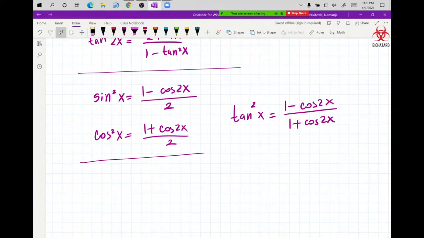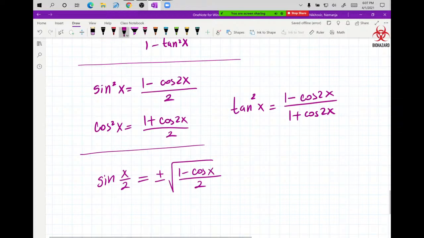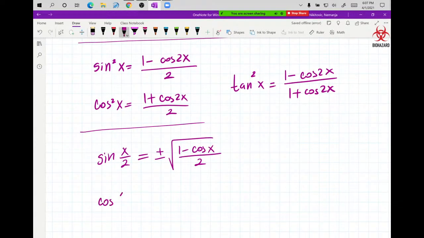And finally, half angle formulas. So sine of x over 2 is equal to plus minus square root of 1 minus cosine x over 2. Cosine of half angle is plus minus square root of 1 plus cosine x over 2.